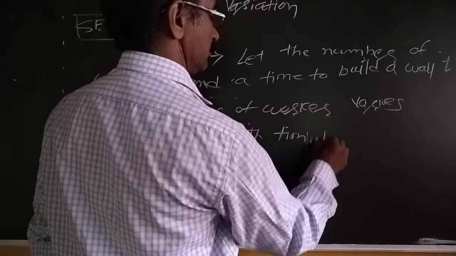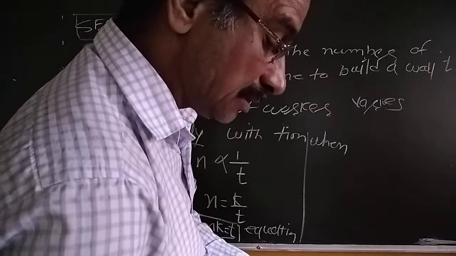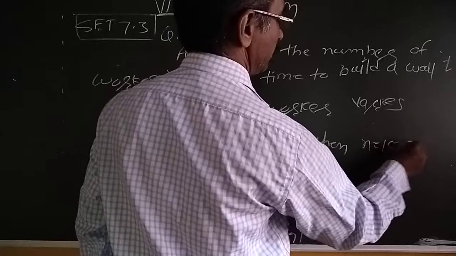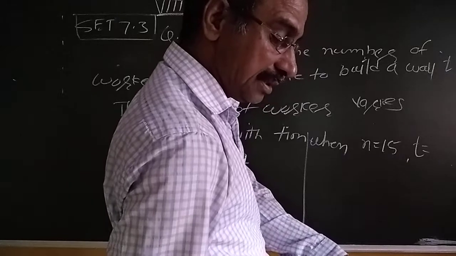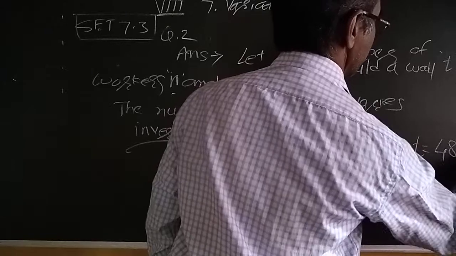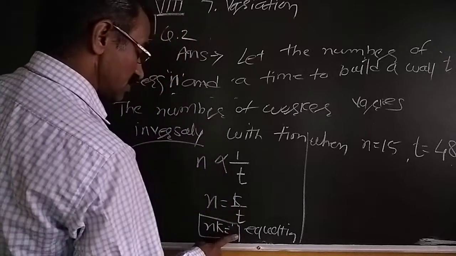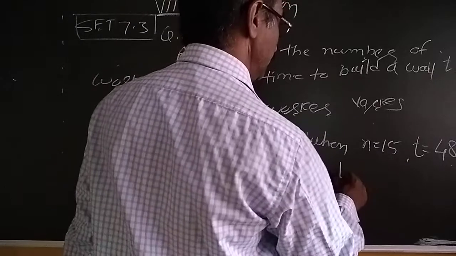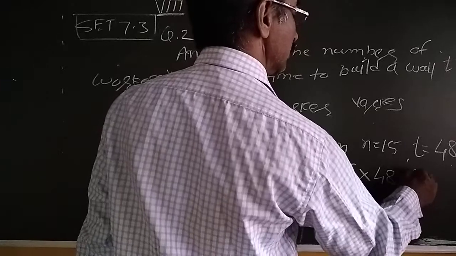When N is equal to 15 workers, the time required to complete the wall is 48 hours. By putting these values in this equation, we will get the constant K. So N is equal to 15, T is equal to 48.